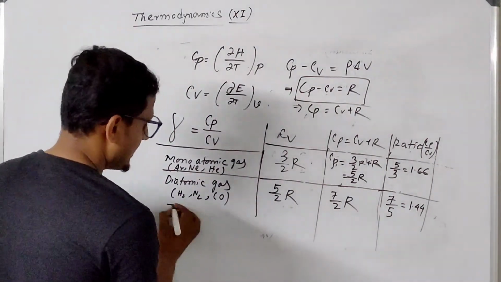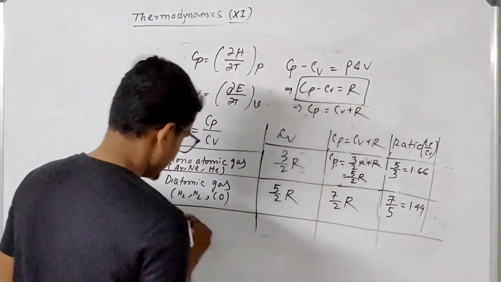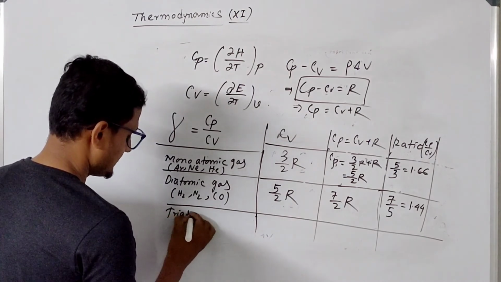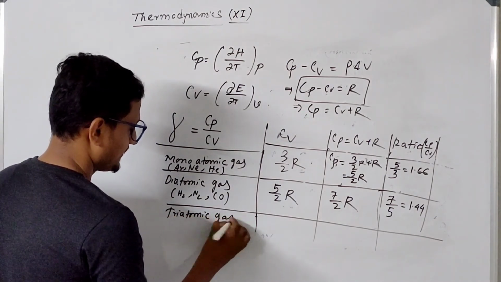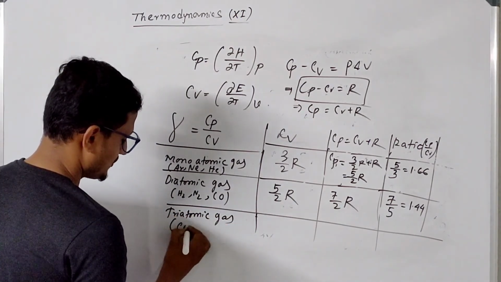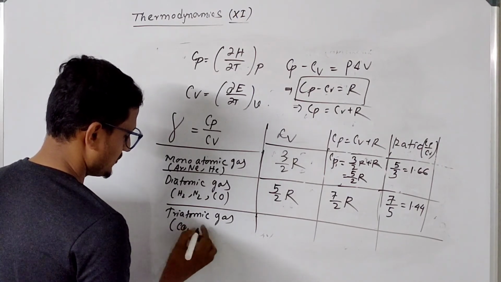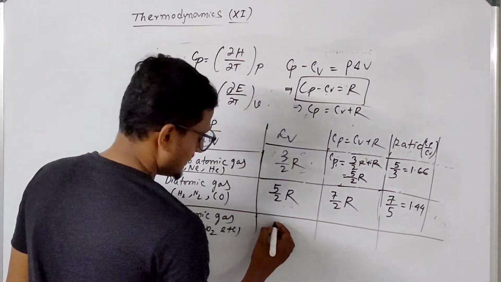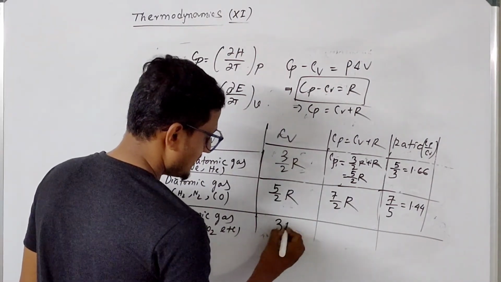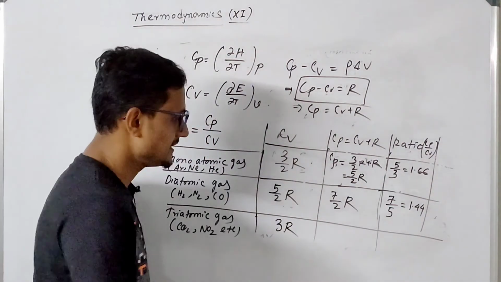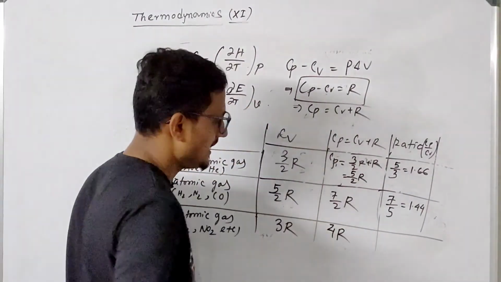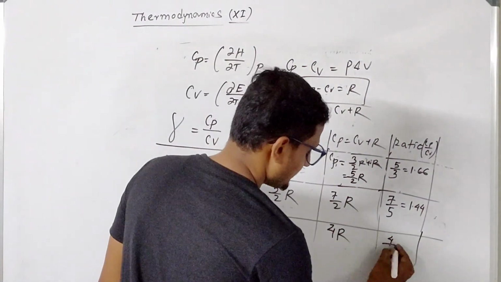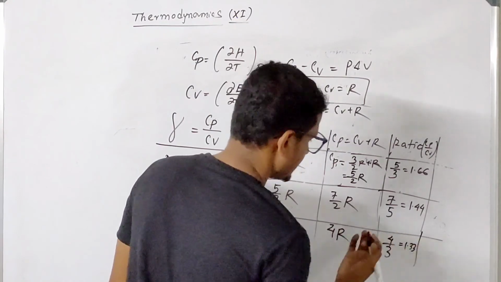And for triatomic gases like CO2, NO2, etc., Cv is 3R, Cp is 4R, and the ratio is 4/3, which is 1.33.